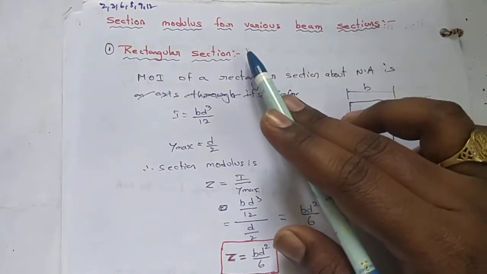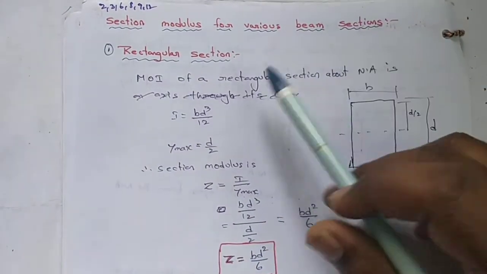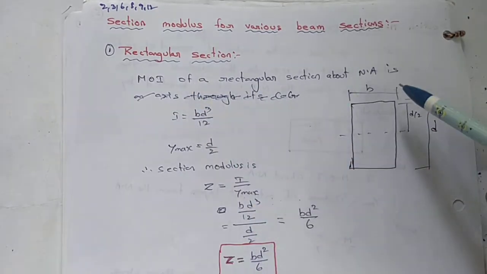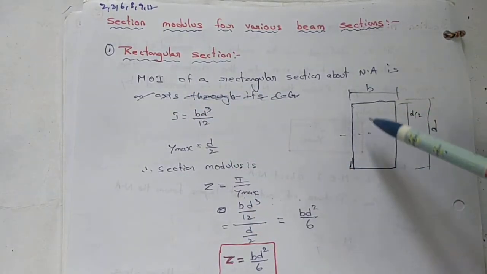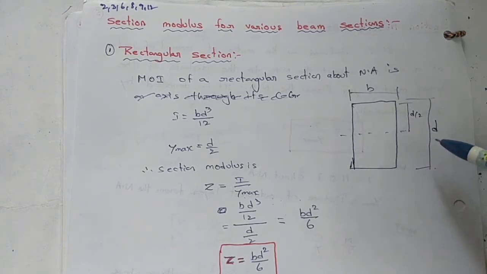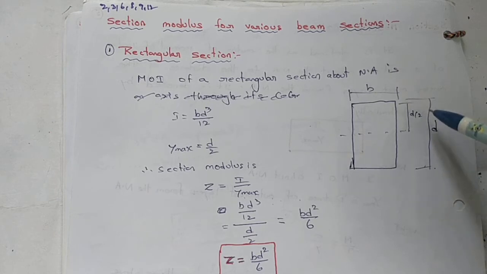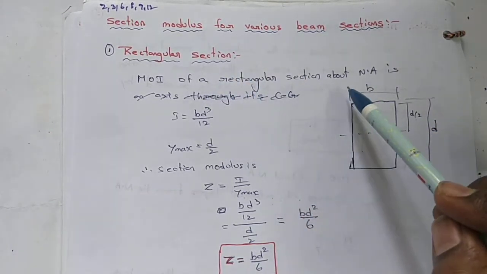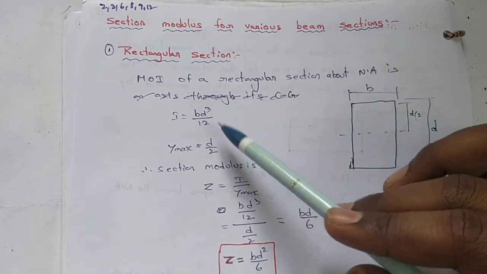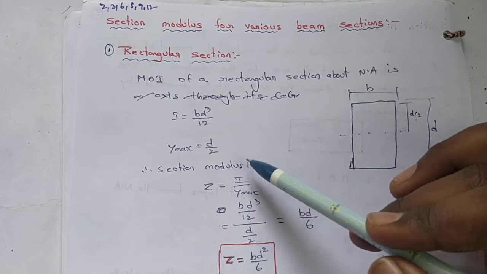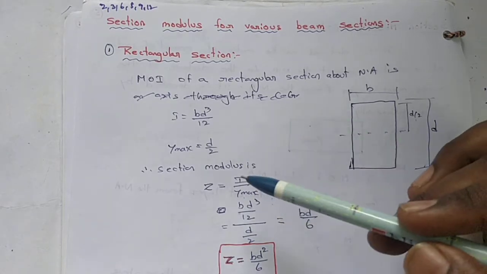Section modulus for various beam sections. First, the rectangular section having width B and depth D. The distance from the neutral axis to the topmost layer is half of the depth, D by 2. Section modulus is I by Y max, so we need to calculate the I value and Y max value.